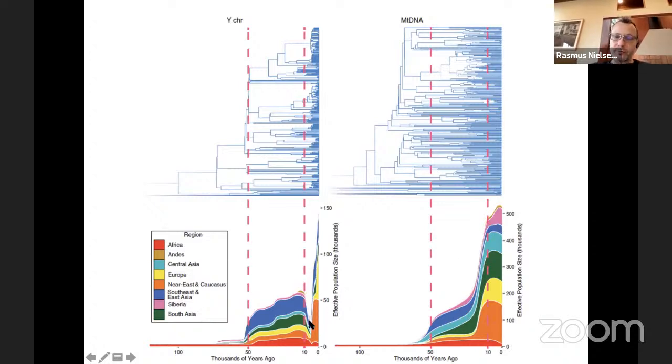And the possible solution is variance in offspring number. Because if the variance in offspring number is very large, that reduces the expected coalescence time. So you have higher rates of coalescence if there's very large variance in offspring number. That I haven't shown you. I'm just stating it here and explaining.